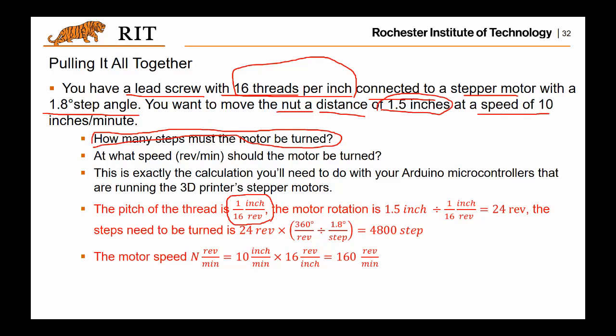Then what you could do is simply take 1.5 divided by this pitch, and you will come up with the revolutions. Since the distance is represented in inches, and the pitch is also represented in inches per revolution, you can easily get 24 revolutions for traveling this distance, right?